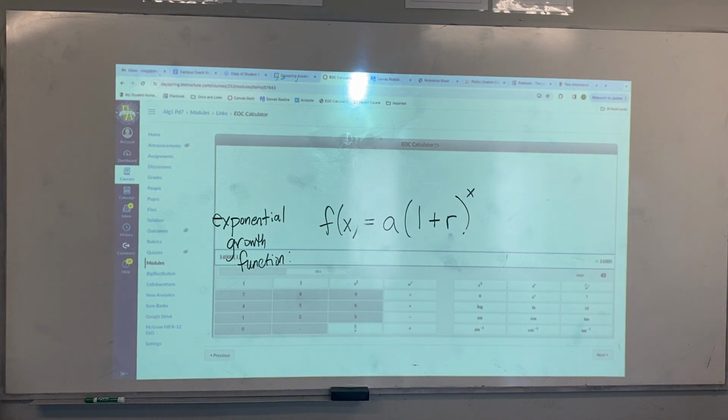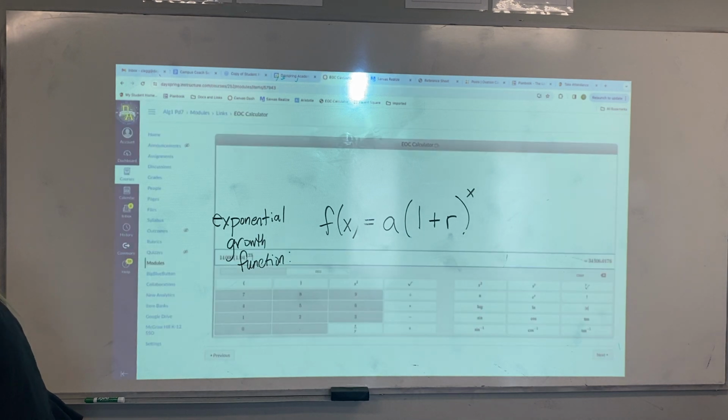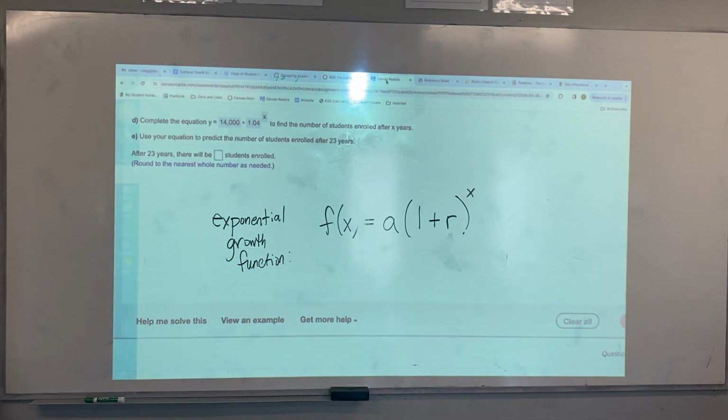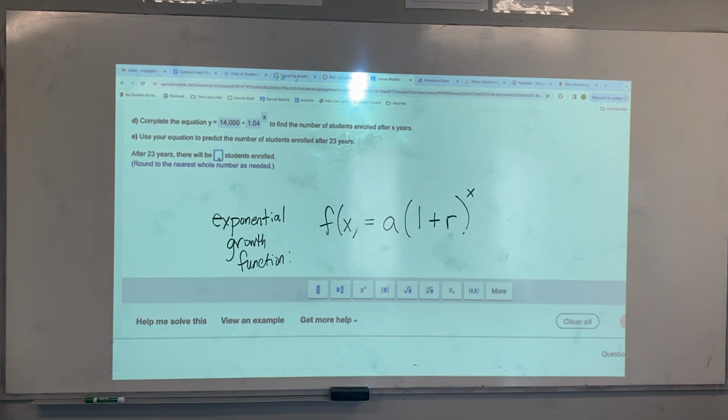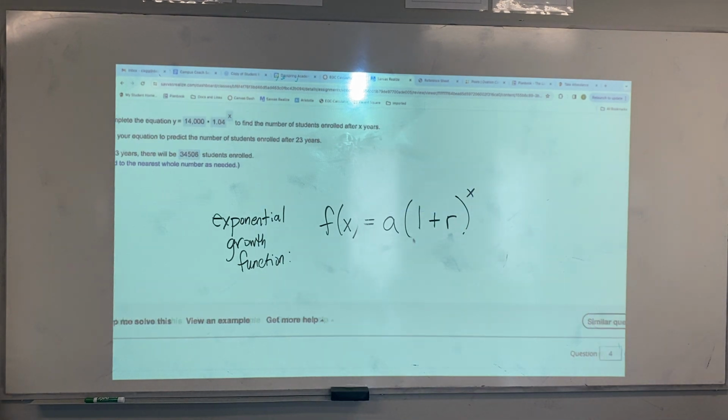Does it want it rounded to the nearest whole number? So mine would be 34,506.